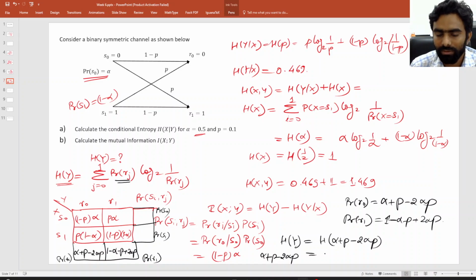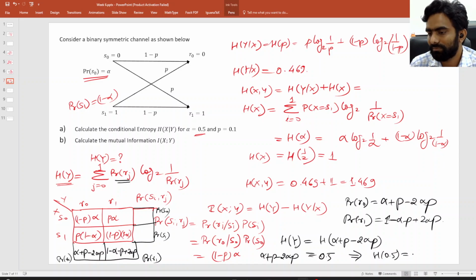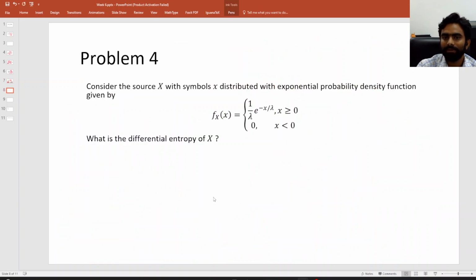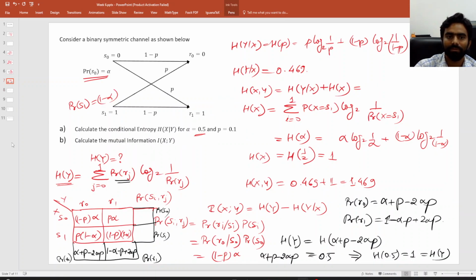So it would be 0.5 only. And we know that H of 0.5, or half, is 1. So H of Y is 1 only. So finally we'll get our answer.